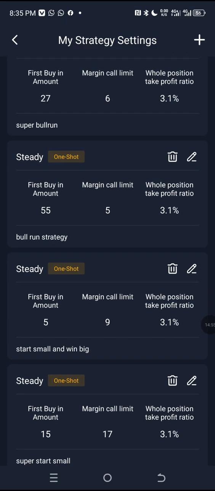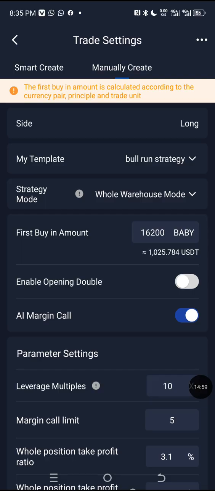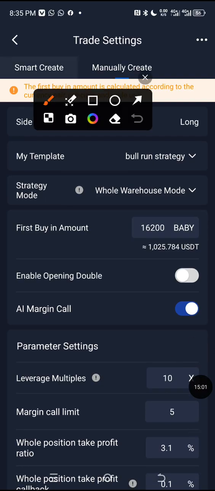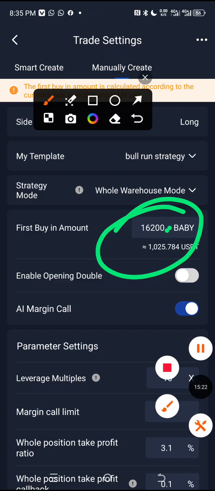So if I tap like this one, you see it goes directly, and the only thing I have to change is my first buying amount here to make sure it fits the amount of money I have in my exchange. So maybe I can change this to maybe 500 if I have around $5 remaining, or if I want the bot to keep buying with $5, anything I can always change there.